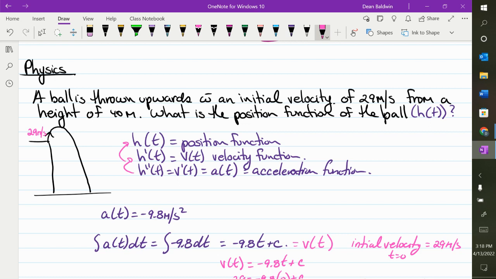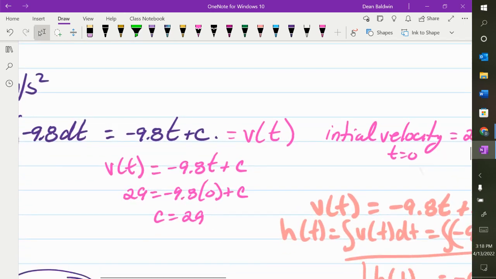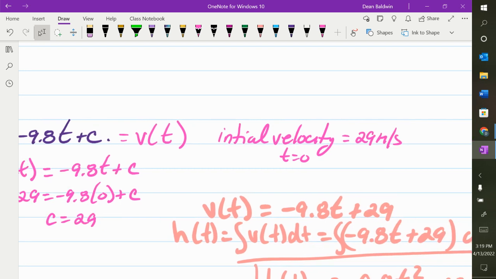But I know what the initial velocity is, 29 meters per second, right? So that means when t is 0, the velocity is 29. So if I put that into here, 0 times 9.8 goes away. I get c is equal to 29. So now my specific velocity function is this.